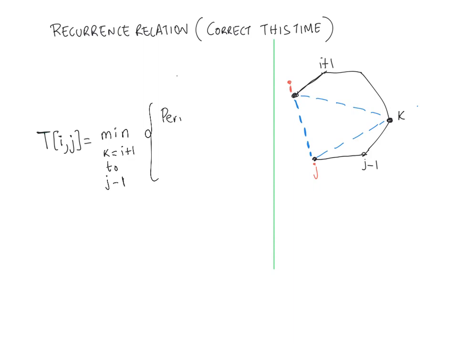So we pay the perimeter of IJK, and then you will have to subdivide the section I to K, which should cost TIK, and then you have to subdivide the section K to J, which would cost TKJ.